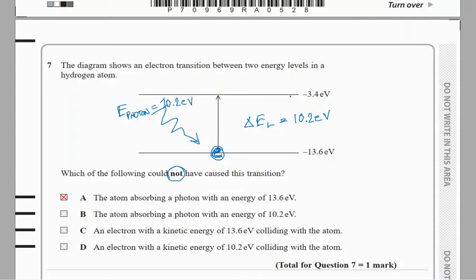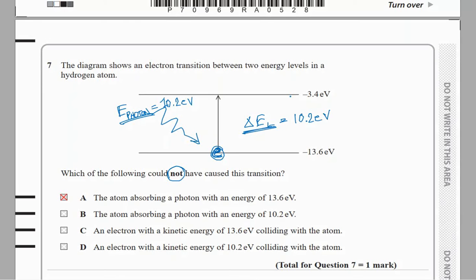So that's the thing, everybody. Always remember, energy of the photon is always equal to the difference in energy levels, whether the transition is for energy level rising or dropping. So the question says, which of the following could not have caused this transition?